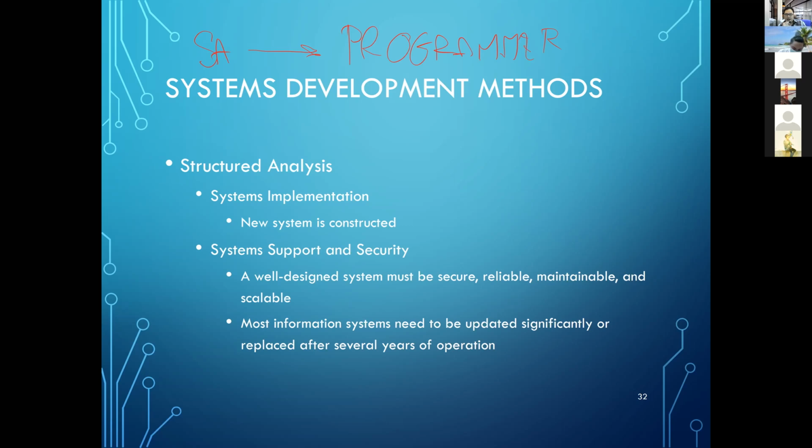After we construct or build the new system already, then you have to launch it. When the system is launched, you cannot just install or set up the software, let them use it, and then go away. Normally, we need to have maintenance of the system, or system support, and security. So what does it mean?